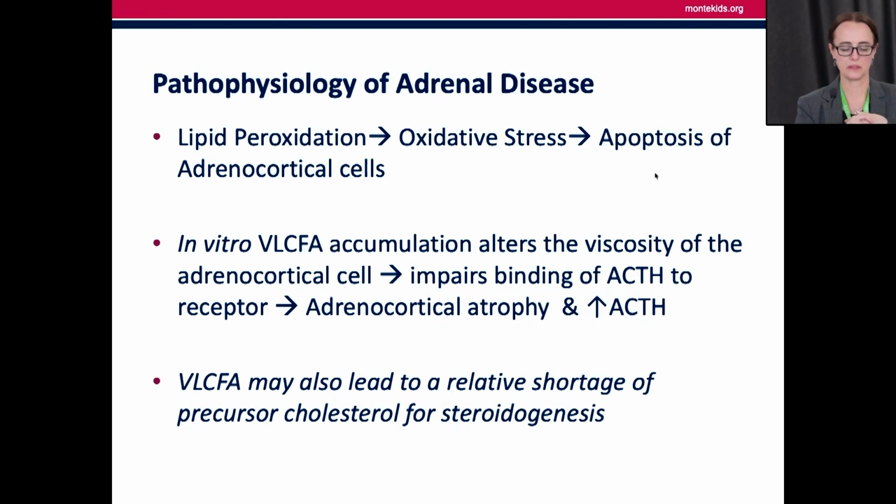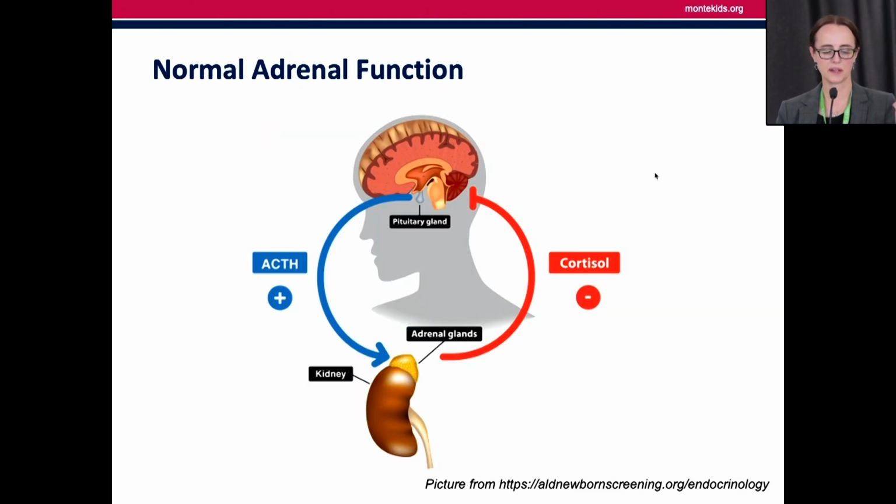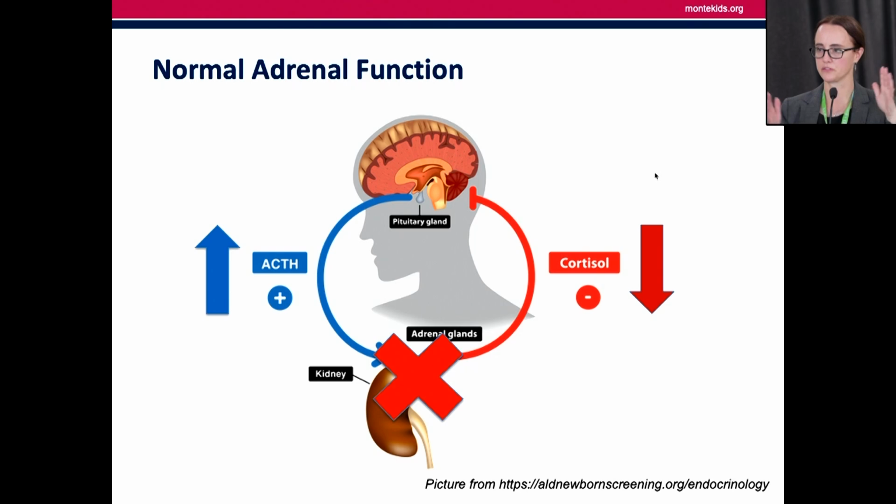The other possibility is that you have the very long chain fatty acids getting stuck inside the cell membrane and causing problems with how the ACTH, that hormone that turns on the adrenal gland, binds to its receptor, and so then you're not making cortisol. And so what ends up happening is you're not making enough cortisol, and then there's a lack of negative feedback, and so then ACTH levels go up.